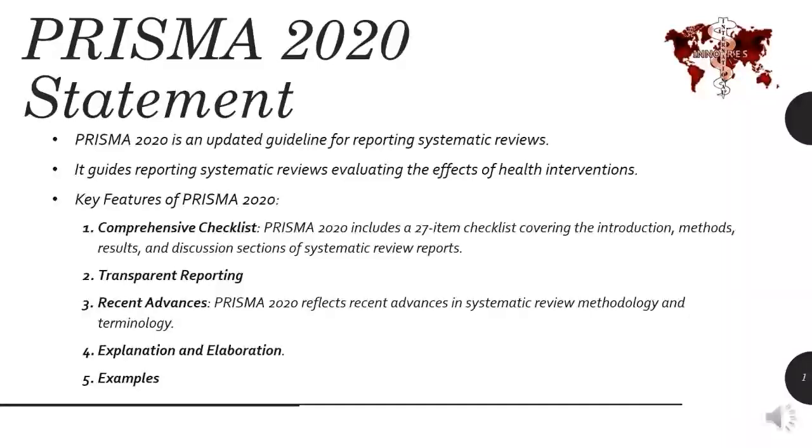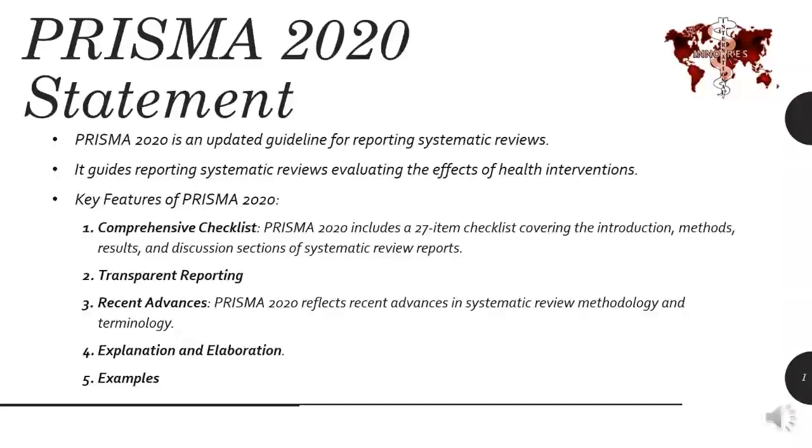There are some features of the Prisma 2020 framework, and one of the features is the comprehensive checklist, which is the 27 item checklist that I mentioned earlier. This checklist essentially acts as a guide for how to report the systematic review. It covers sections such as the introduction, the methods, the results, and discussion sections of your systematic review reports.